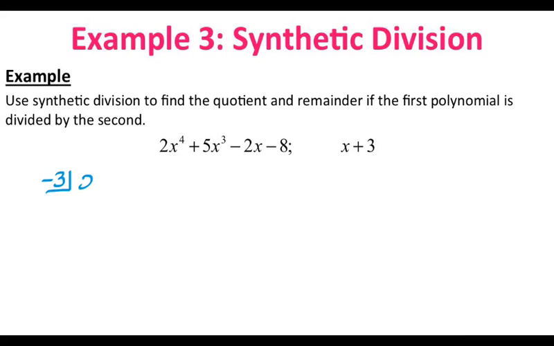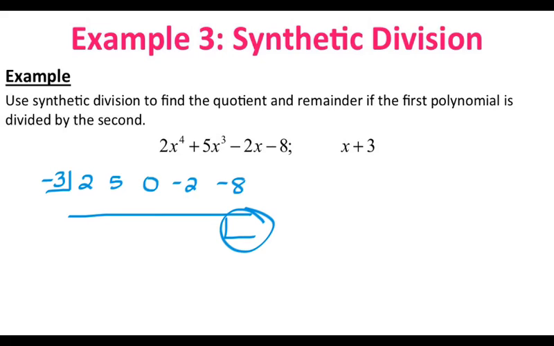That's 2x to the 4th, 5x cubed. Since I'm missing the x squared, I'm going to put a 0 in as a placeholder, minus 2x, and then minus 8. I'm going to leave some space and put another box underneath the 8. This box over here is the remainder box, so whatever you get in that box is your remainder.